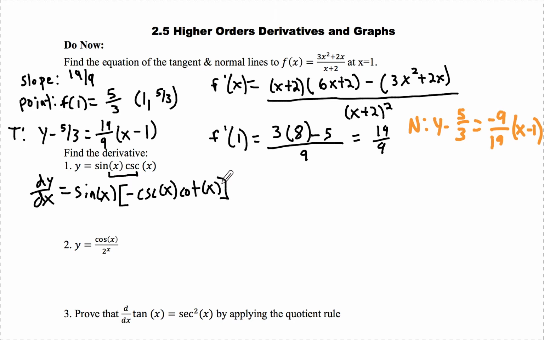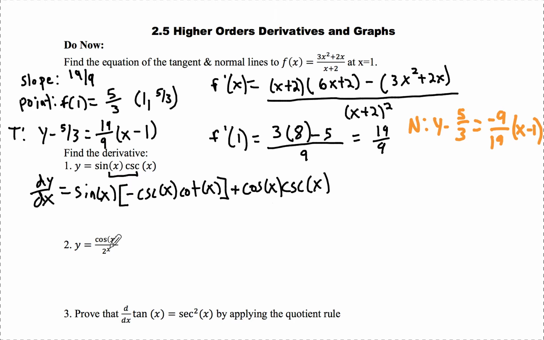We kept that first function and multiplied by the derivative of the second one, plus the derivative of the first, the derivative of sine is cosine, times we keep the second function. We can do some cleaning up, but we'll just leave it like this for now. We don't have to do any simplifying.